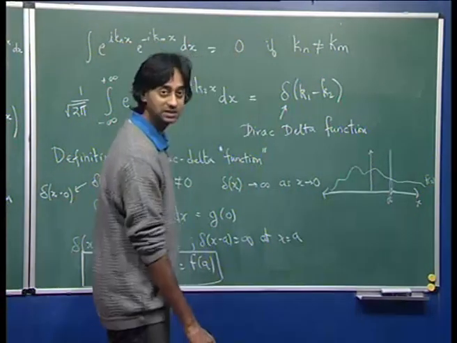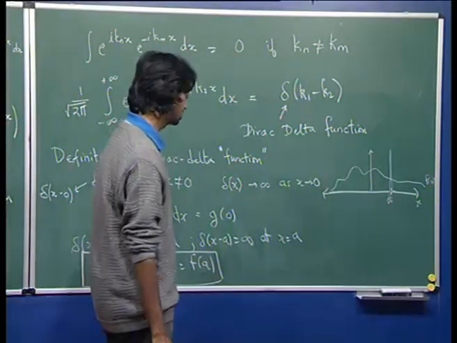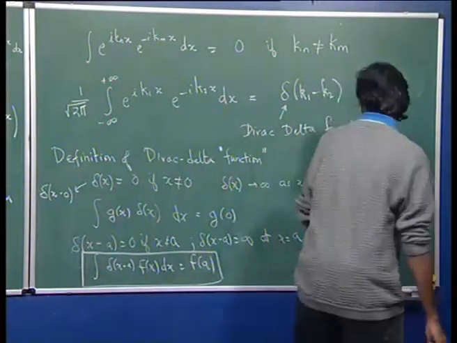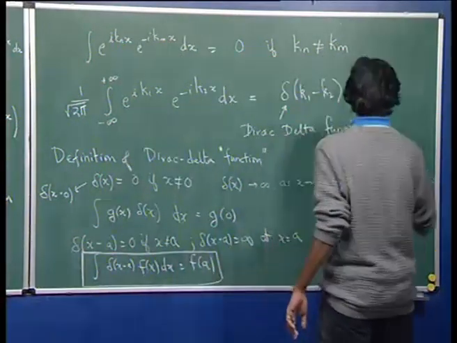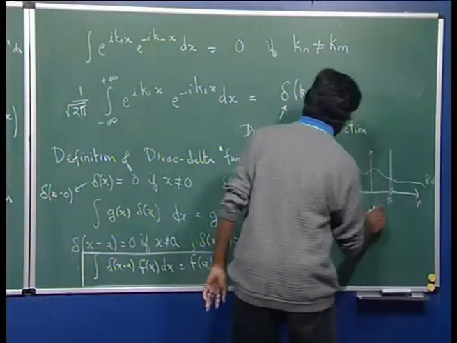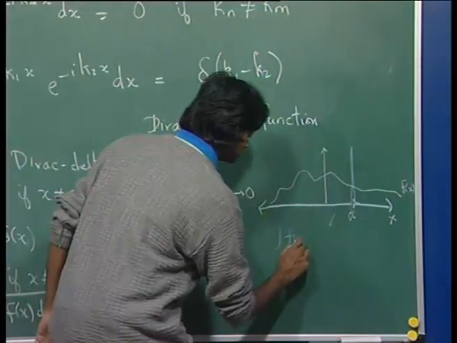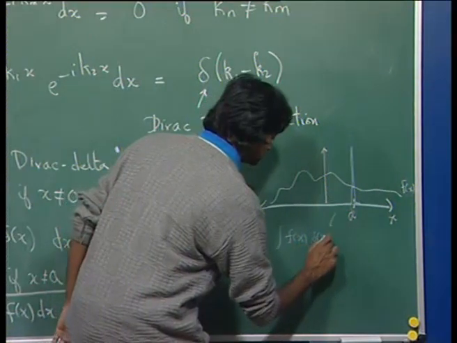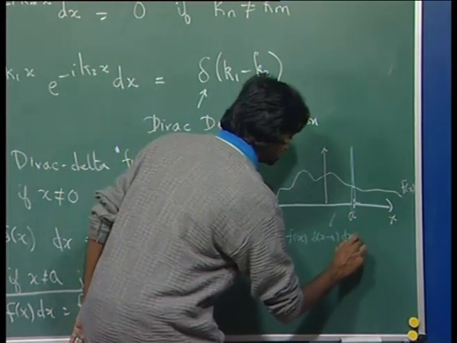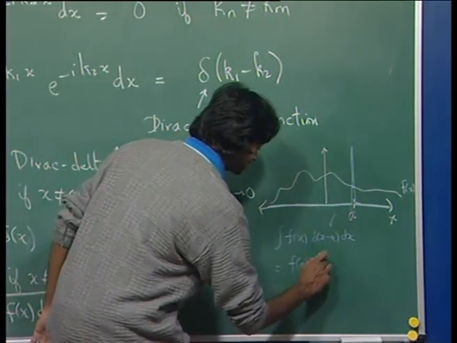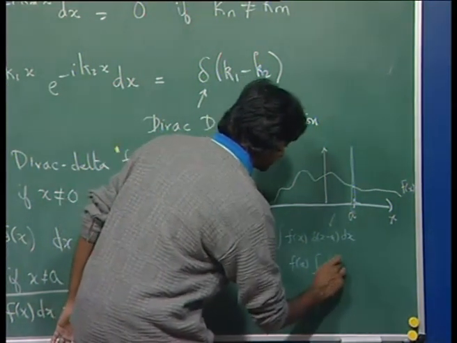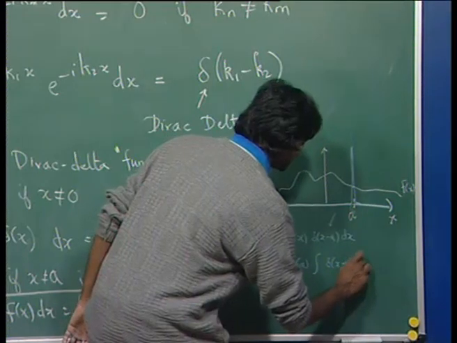So I can say that the integral of f of x delta of x minus a dx is equal to f of a times the integral of delta of x minus a dx.